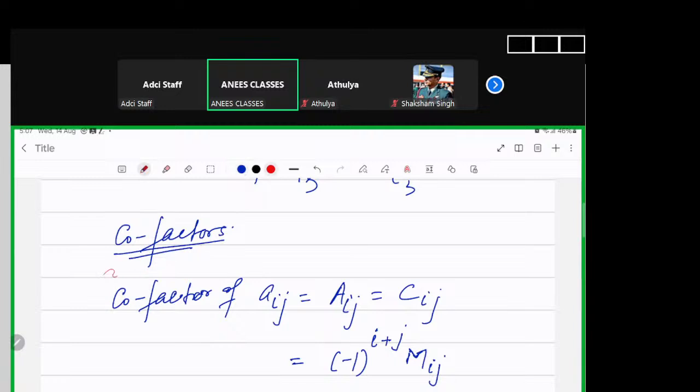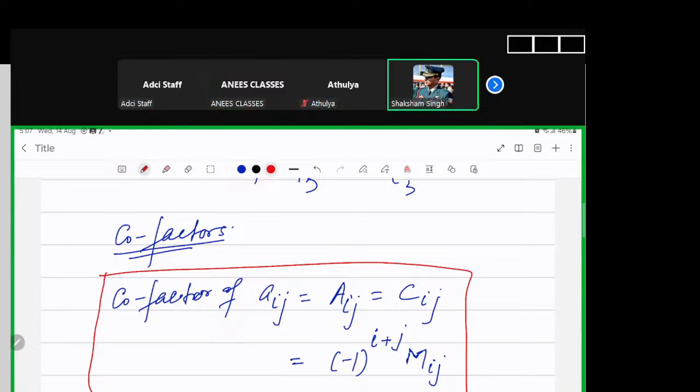Understood? Sir, I didn't understand this, can you explain it once again? The formula of cofactors: the cofactor of the element of the ith row jth column, let me take in symbolic form capital Aij or capital Cij, will be equal to minus 1 to the power i plus j into the minor of the ith row jth column element. Understood? Yes, sir.